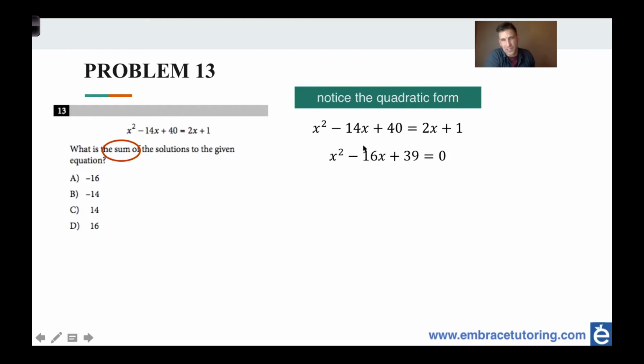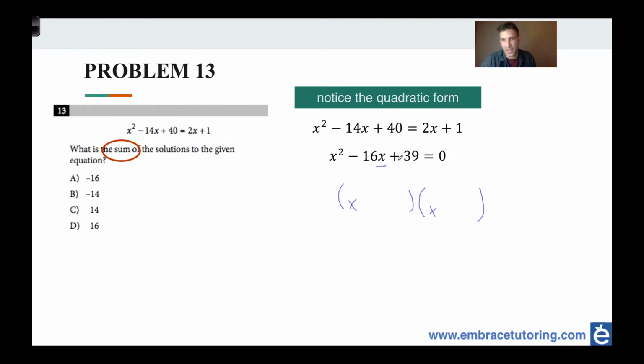Also, as a quick tip, whatever the term is here, and whatever the term is here, that is the variable that you will put here, because it's x times x, which gives you x squared. All right, good. Now, which two values when multiplied together will give you 39, but when added together will give you negative 16? Hopefully 3 and 13 seem to be the most logical choice.